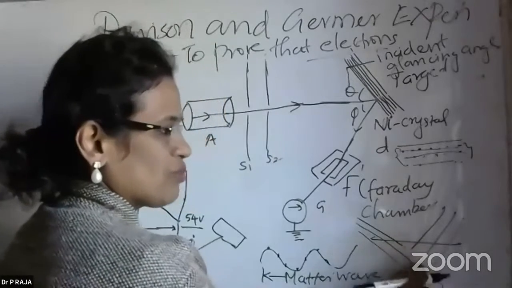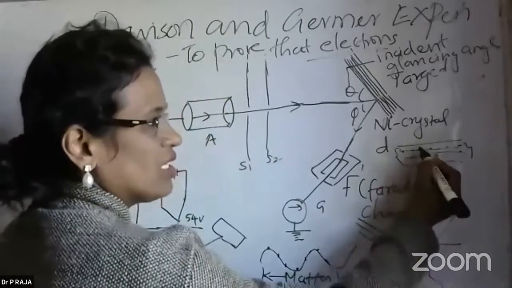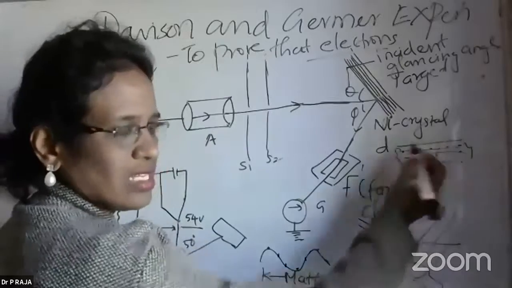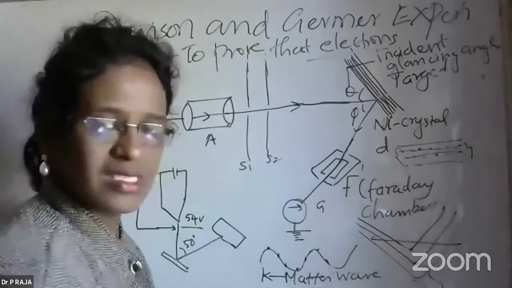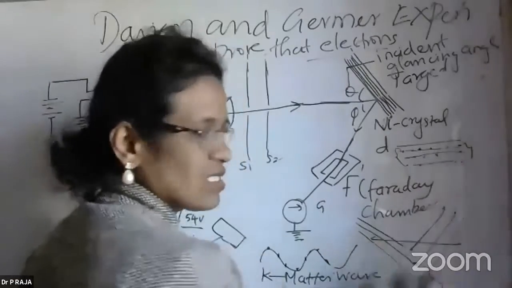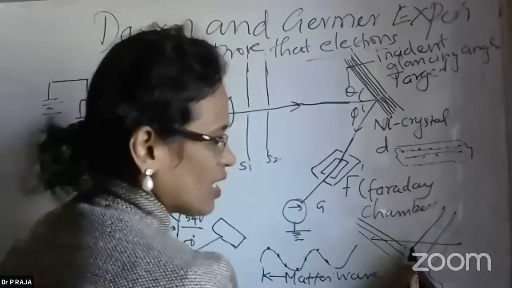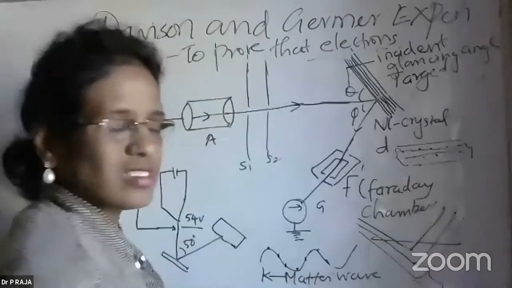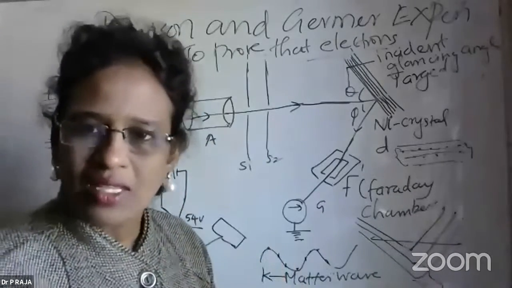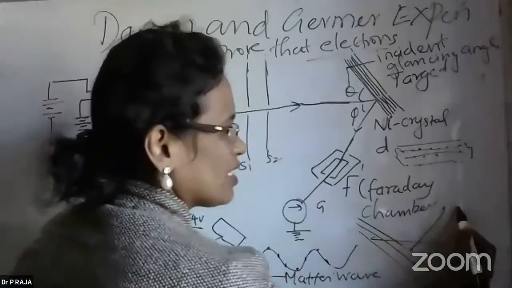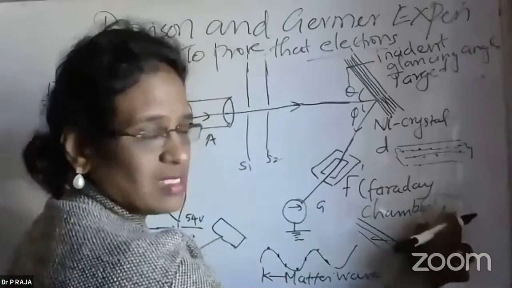get reflected properly on the atoms in particular atomic planes, when they get reflected and when they are in phase with each other, and when their phase difference is equal to the path difference, then there will be an interference that happens in this place.